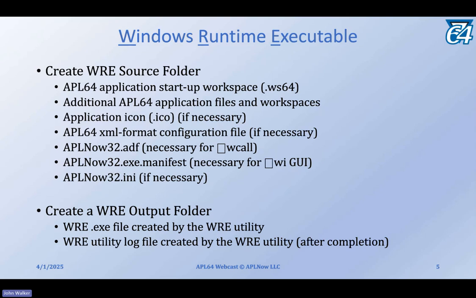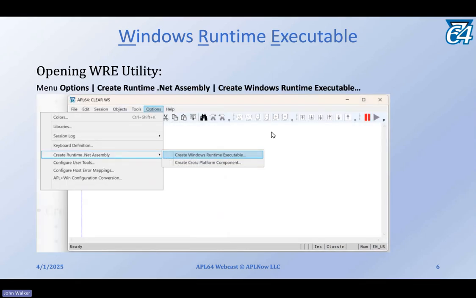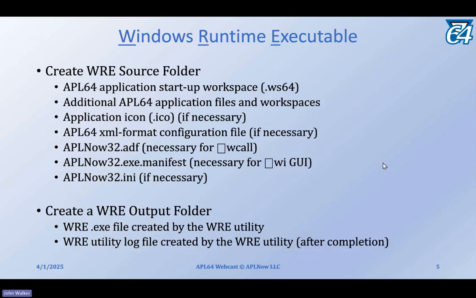There's also an entry that allows you to include your XML format configuration file if and when necessary. By default, it will also pre-populate the APL now 32.adf, the APL now 32.exe manifest, and the APL now 32.ini. The adf file is necessary for any quad W calls that are made, or Win32 API calls.